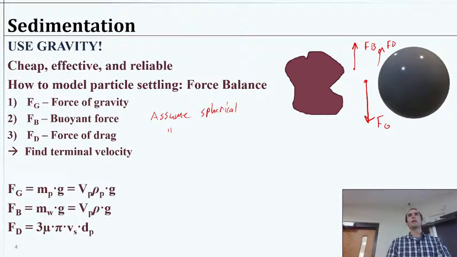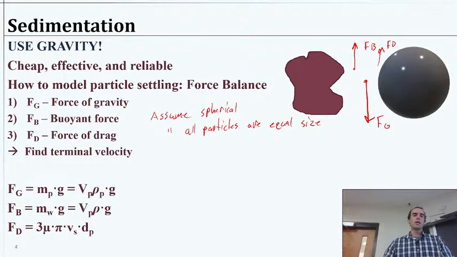That's also not true, but from a practical standpoint, if we're trying to design a system to remove a particular type of particle or a class of particles that are about this particular size, it's pretty useful, right? It's fairly reasonable. So we're going to assume all particles are equal sized.